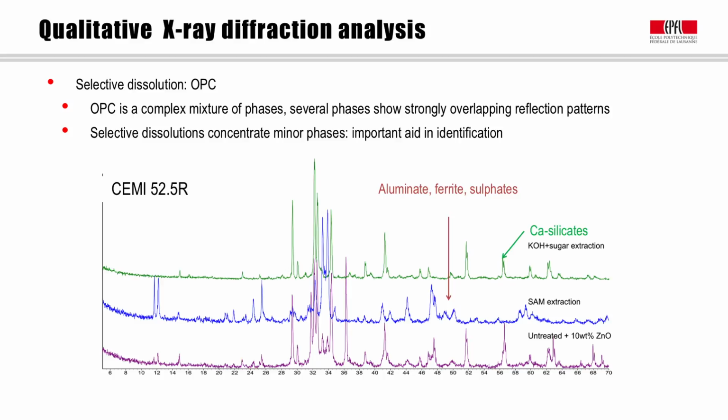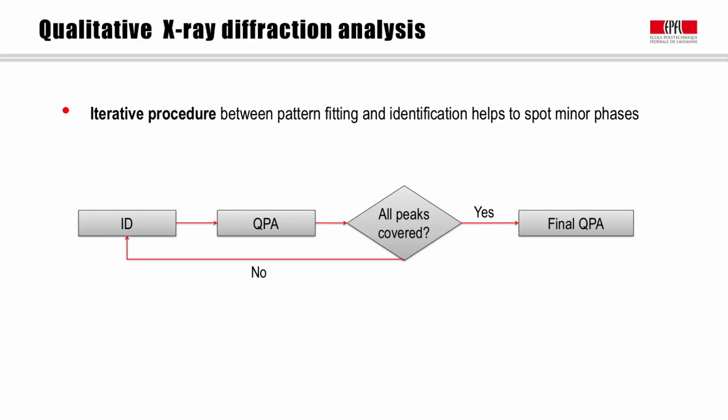As well, these selective dissolution methods can be used to identify whether there are any polymorphs in your sample. For instance, one may look at whether there are any polymorphs of C2S or whether there is orthorhombic or cubic C3A in the Portland cement.